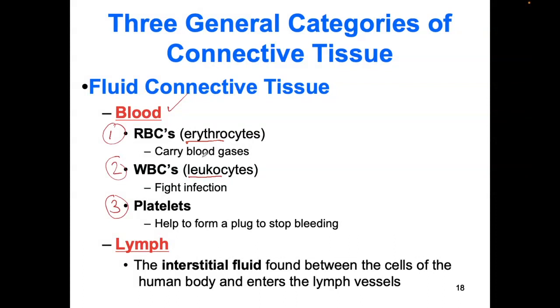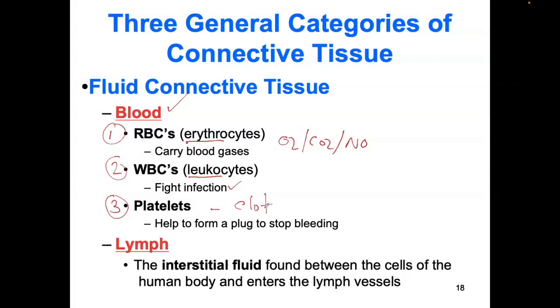Red blood cells carry the blood gases like oxygen and carbon dioxide and even nitric oxide. Your white blood cells fight infection, and your platelets are involved in forming a clot, which helps us stop bleeding.